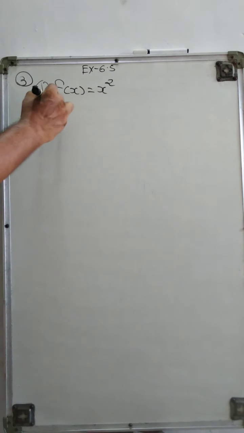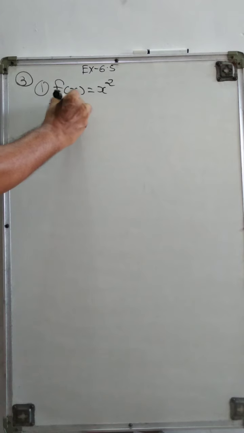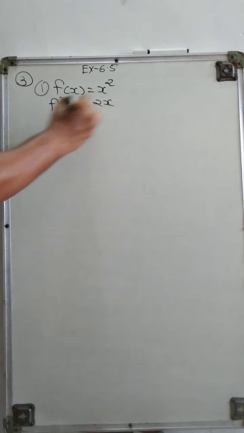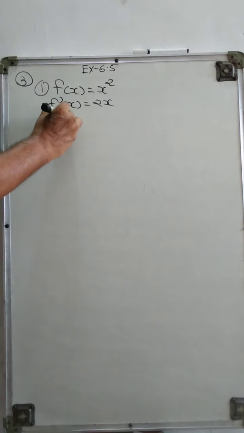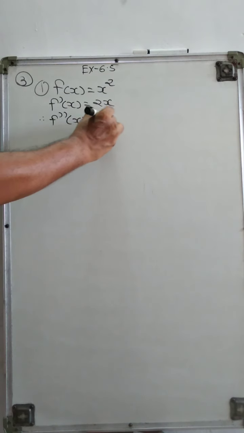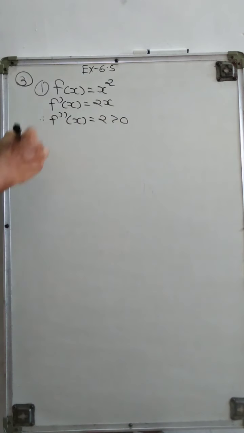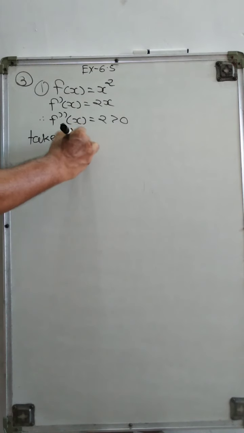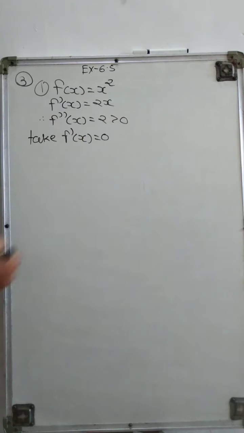Okay, so first you differentiate with respect to x, f'(x). The first derivative is 2x and the second derivative is only 2, which is greater than 0. Now in the second order derivative test, it is given that you take f'(x) equal to 0.